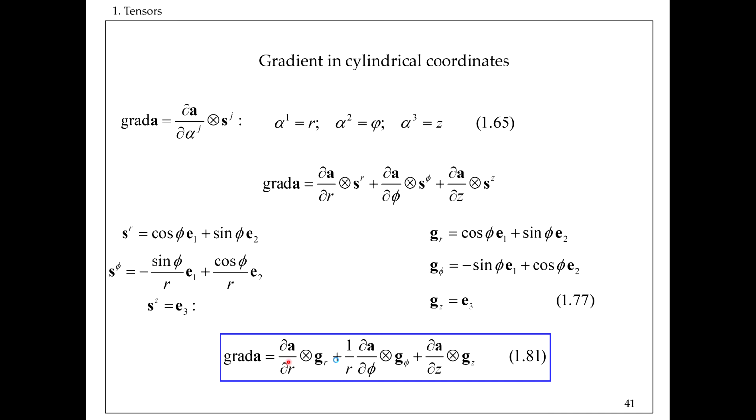And so now this is the expression that we can use for the gradient of a vector in the cylindrical coordinate system, written in terms of the unit basis vectors. And here is the factor of 1 over r, which is basically the manifestation of the transformation of differential operators into the cylindrical system.